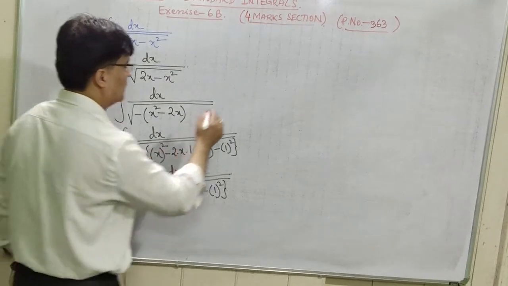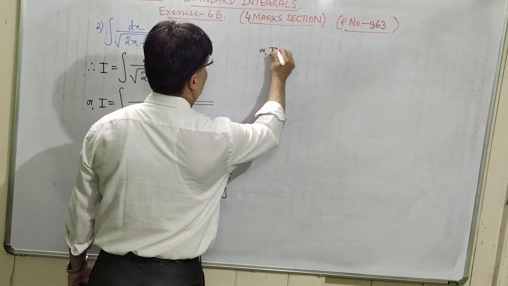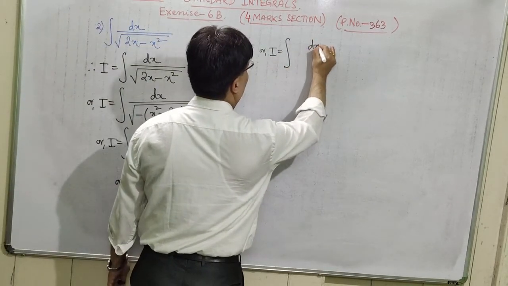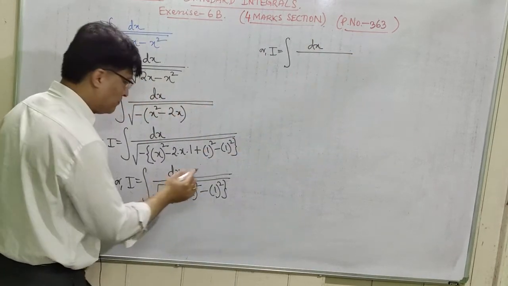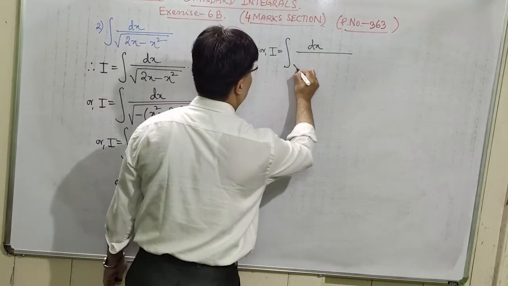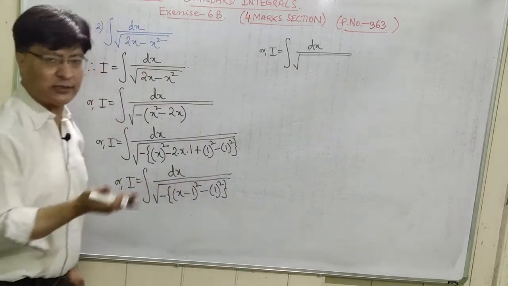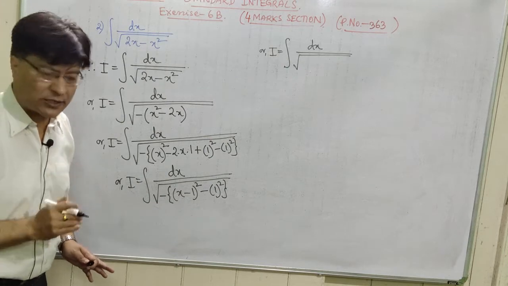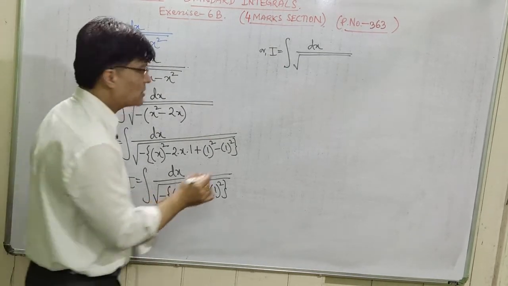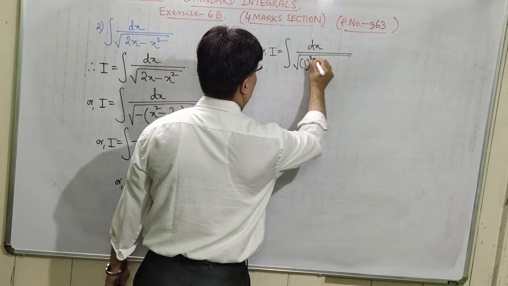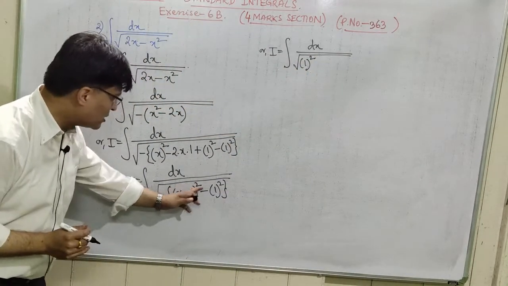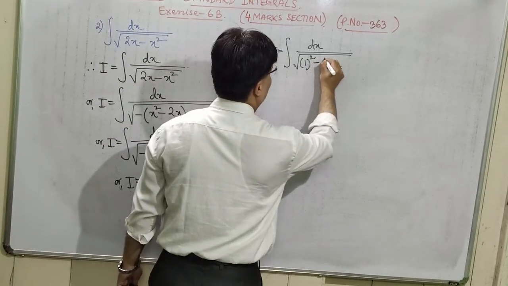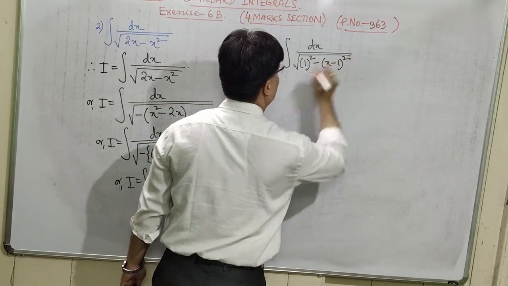So I is equal to integration of dx divided by, now within square root, let us multiply by minus in this case, so that we can write down the positive term first. That is minus into minus plus 1 whole square. Then write down minus x minus 1 whole square.